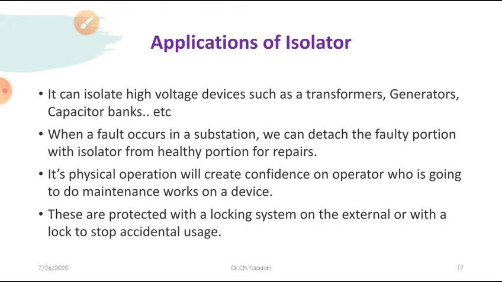So that is the interlocking between isolator and earth switch, and interlocking between circuit breaker and isolator. So there is some advantage in using this isolator. These are the few applications of isolators.